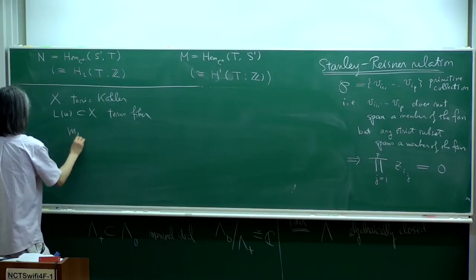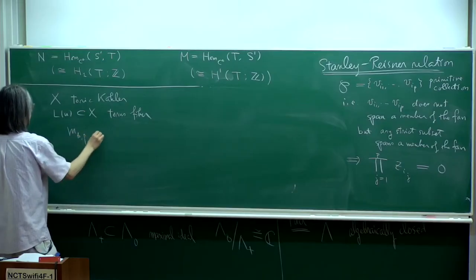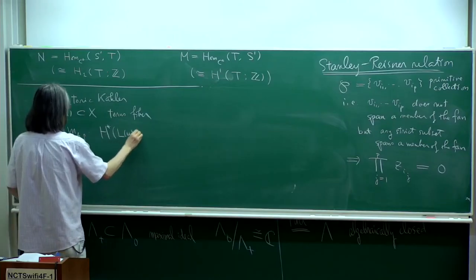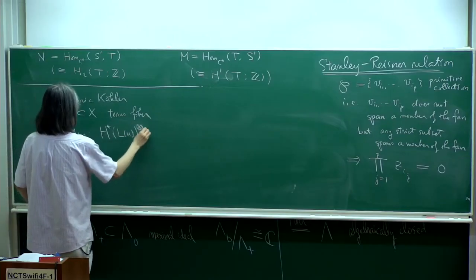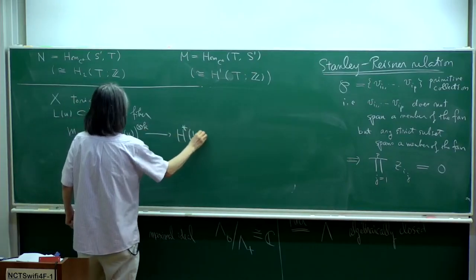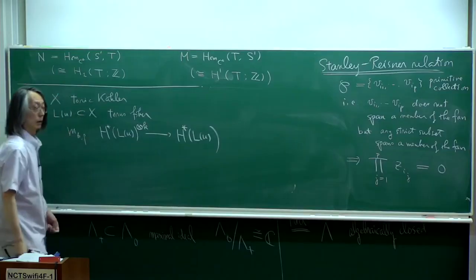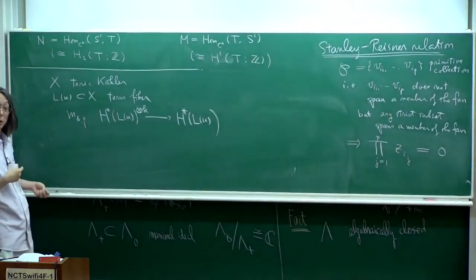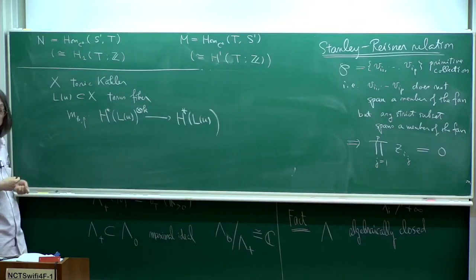Then our MK beta is actually a map from here to here, without using any algebraic construction which I mentioned, the canonical model.